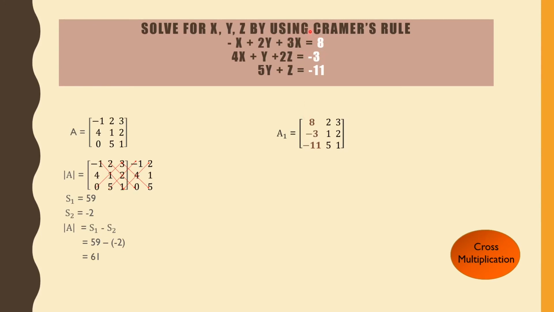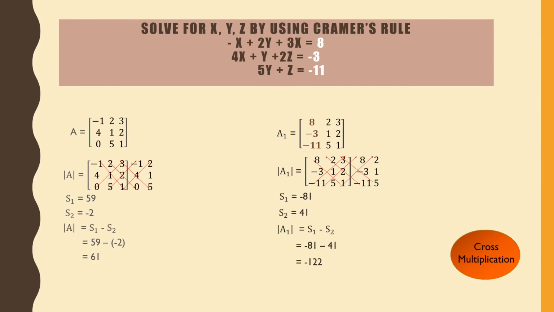See, now column 1 consists of value 8, -3, and -11. Find determinant of A1. By using also cross multiplication method, S1 equals to -81, S2 equals to 41, and determinant of A1 will eventually equal -122.